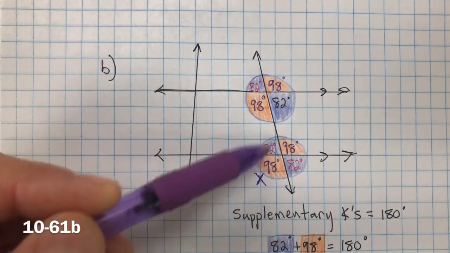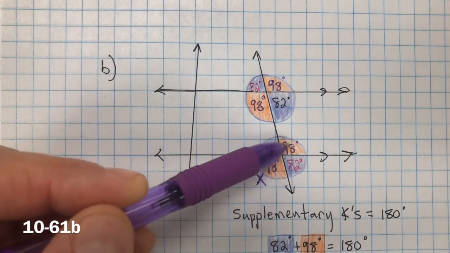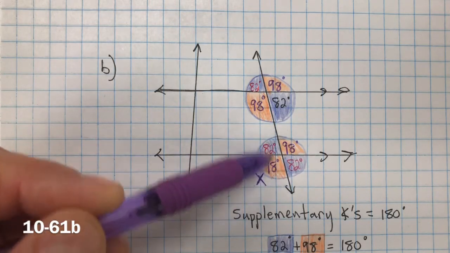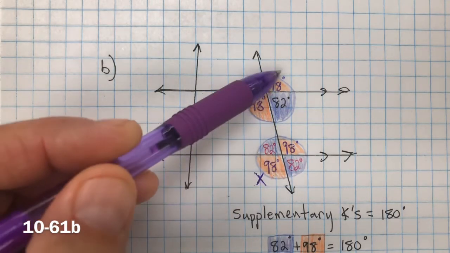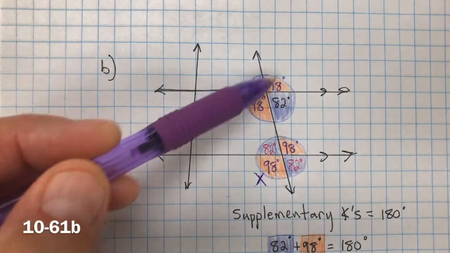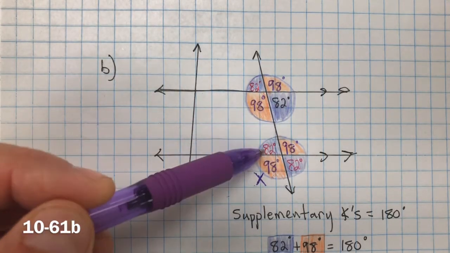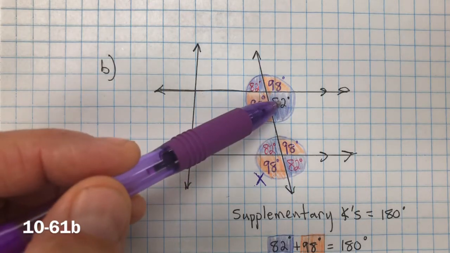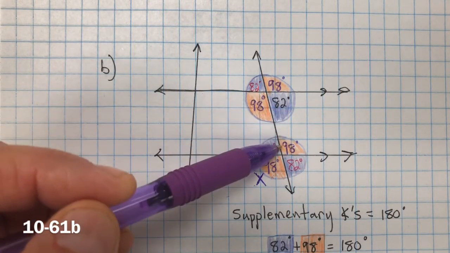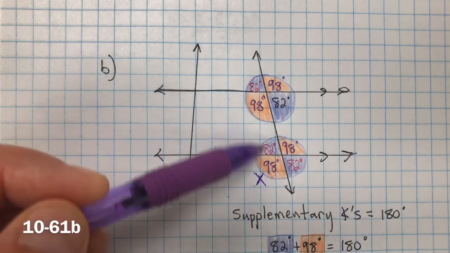And I could fill in the rest by vertical angles are congruent, corresponding, alternate exterior angles, alternate interior angles are congruent, and then same side interior angles are supplementary. They add up to 180.